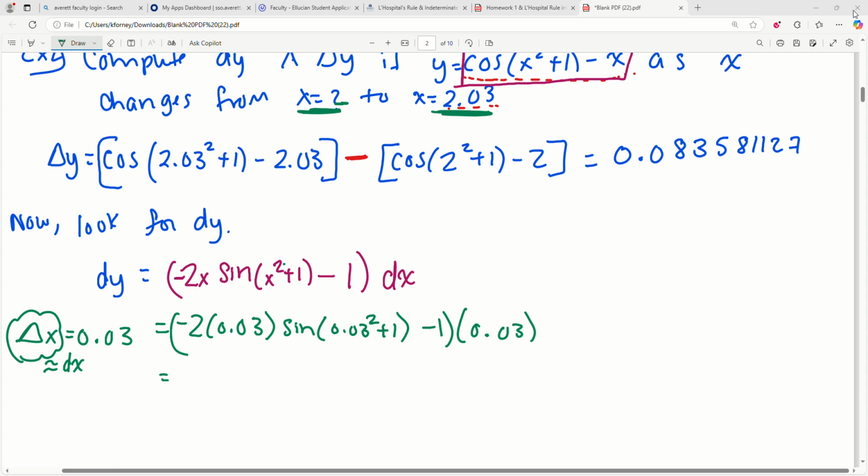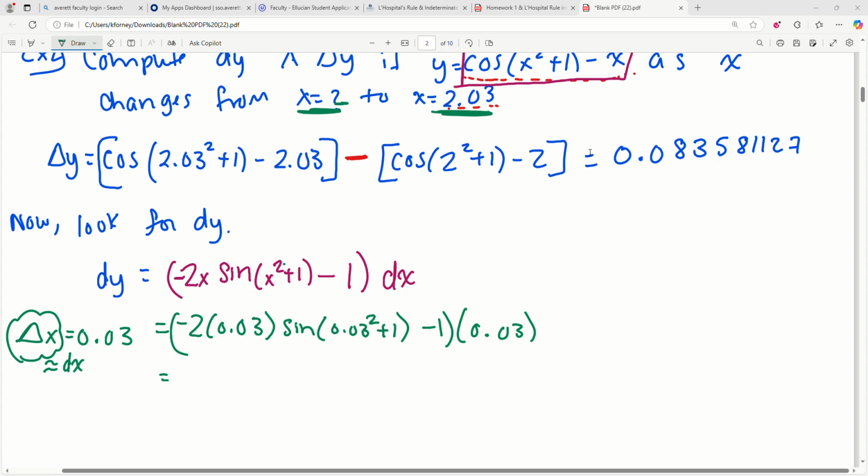Okay. So we have negative 2 times 0.03. Let me go put it in parentheses here. Sine 0.03 squared plus 1 minus 1 times 0.03.